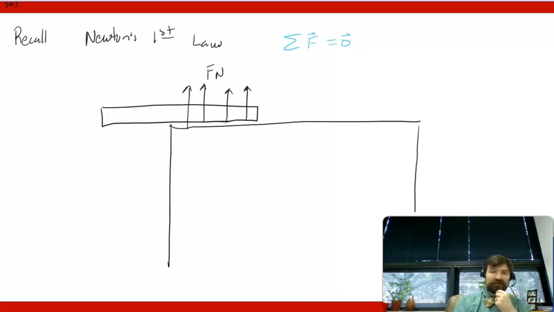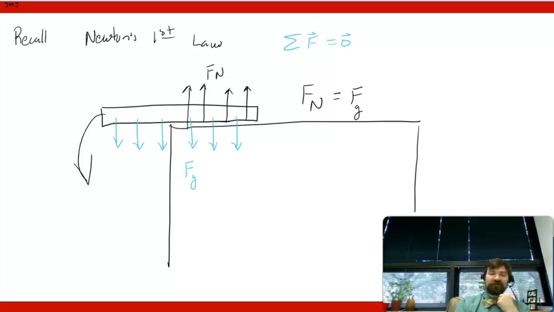And we also have some weight from the board acting downward everywhere, basically everywhere where there is some mass of this board. Now, it's possible for these two forces to be in equilibrium like this, and yet it's also possible for the board to nevertheless fall off the table.